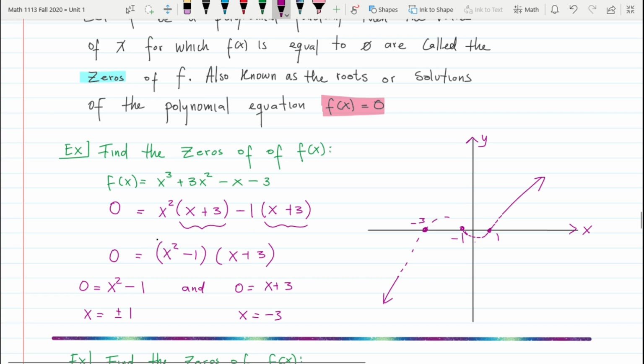This polynomial goes through the points (-3, 0), (-1, 0), and (1, 0). So we're getting another level of detail. We have an idea of what the graph looks like, but now we know the x-intercepts. So that's a step in the right direction.